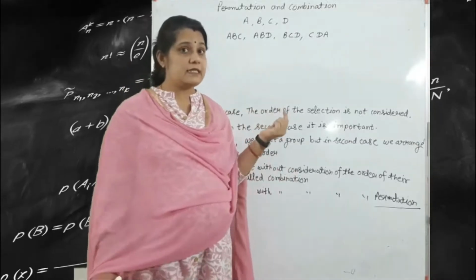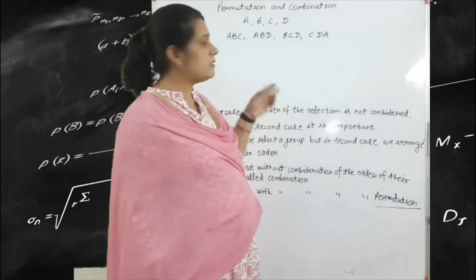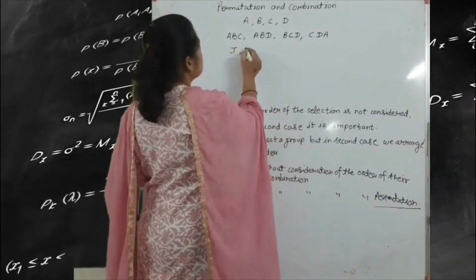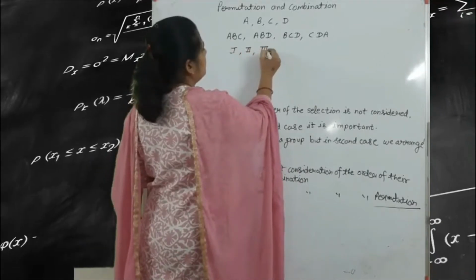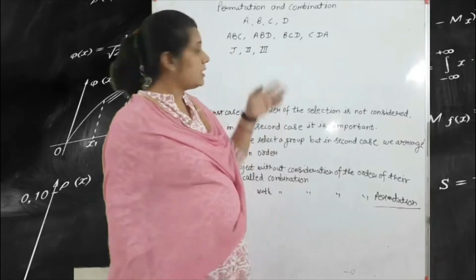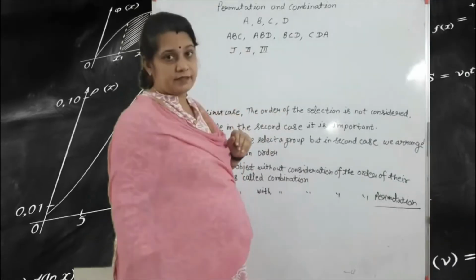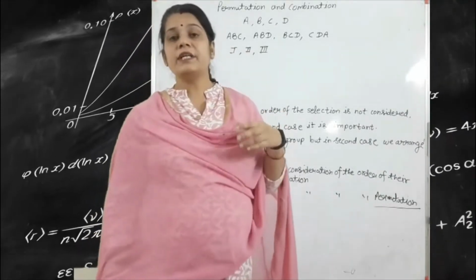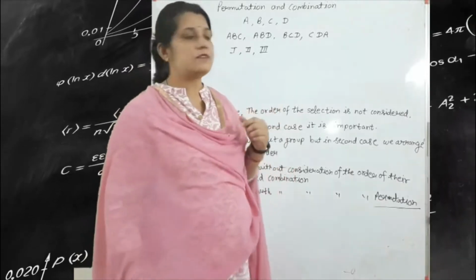But in case we are given a rank, first, second and third, in each group, how many combinations are there?